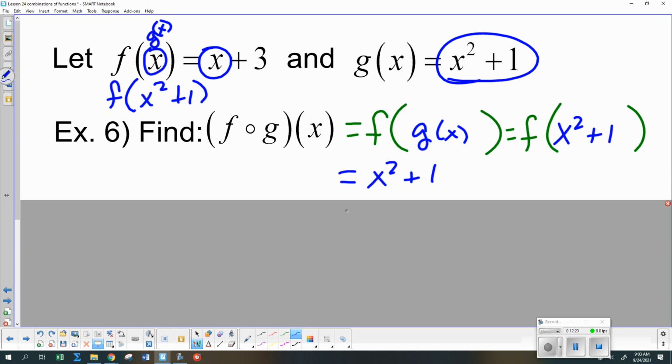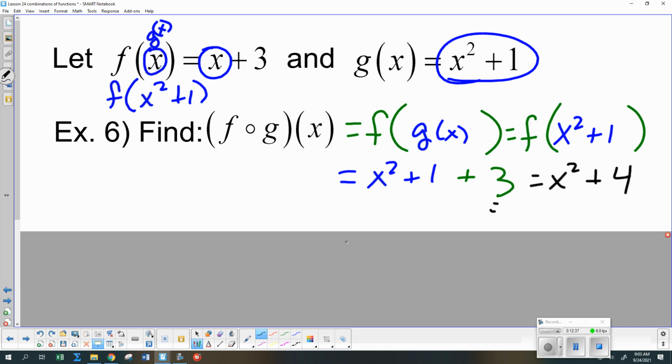But then I still have that plus 3. So this becomes x squared plus 4. And that is my new f of g of x rule.